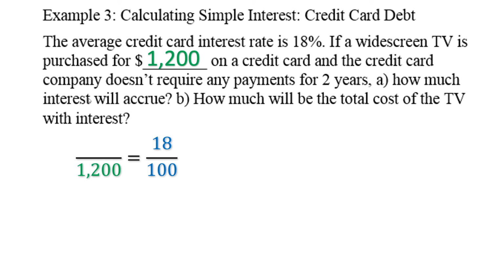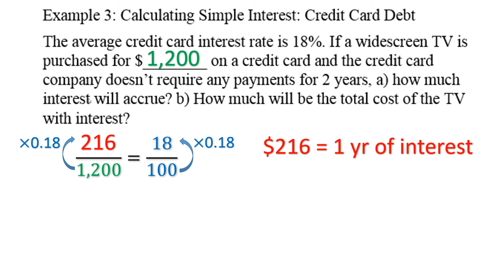So we find 18% of $1,200. That's multiplying by 0.18, just $216. That's for 1 year of interest. So just to borrow the money from the credit card, you're going to have to pay them $216 of interest. Now, after 2 years, that doubles and becomes $432.